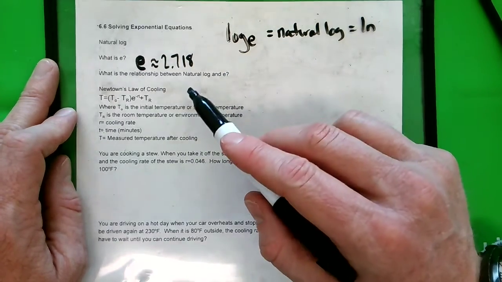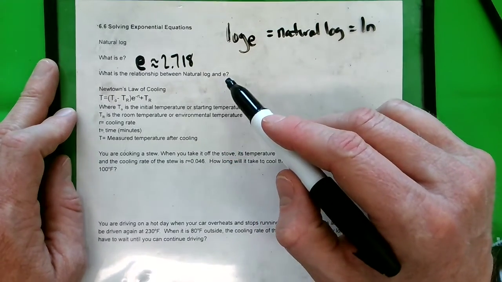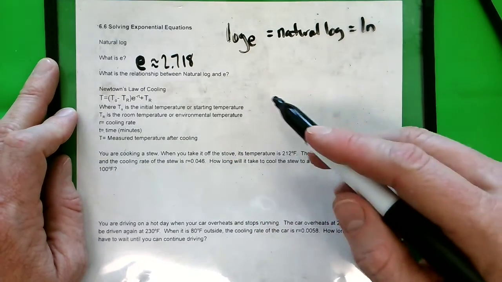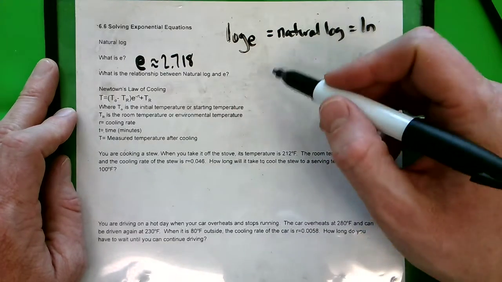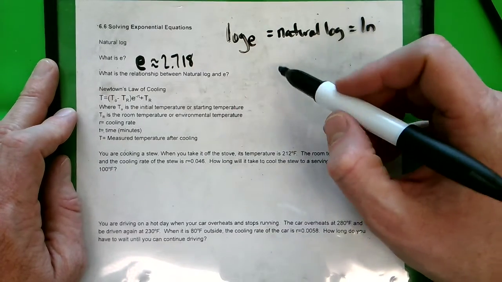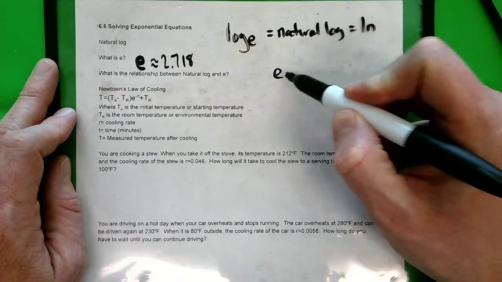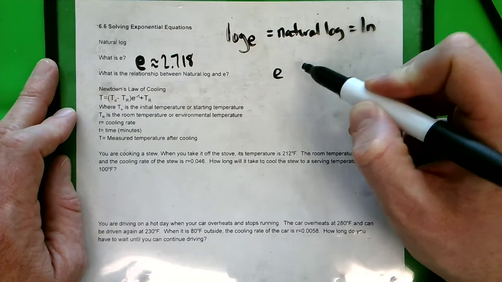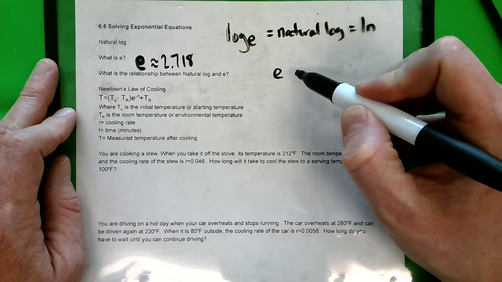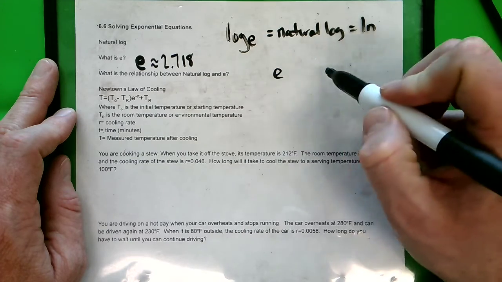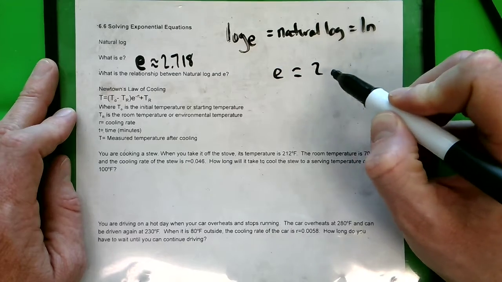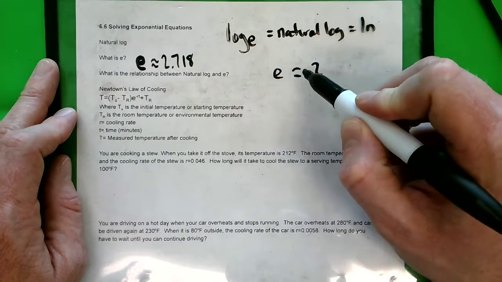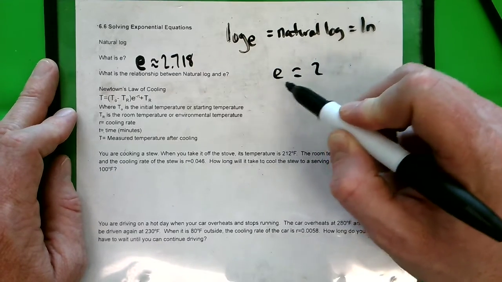So we want to know the relationship between natural log and e, and that relationship is that they cancel each other out. So if you have an e in a problem, and you take the natural log of both sides of an equation, so let's say for some reason e equals 2.